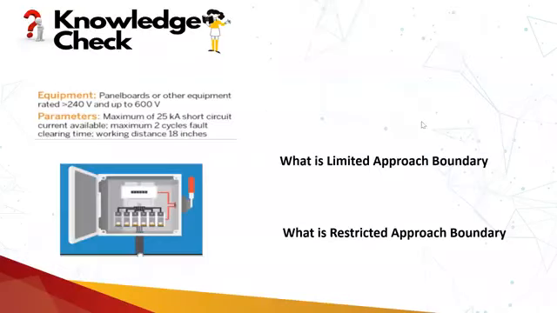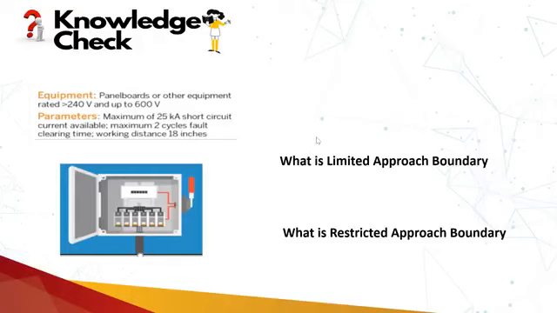Okay, in the exam, you will find these types of questions. For example, they have asked about a panel board or other equipment operating at 240 volts and 600 volts. They have given you the maximum fault current, cycles, etc., and they are asking about the limited approach boundary and the restricted approach boundary.